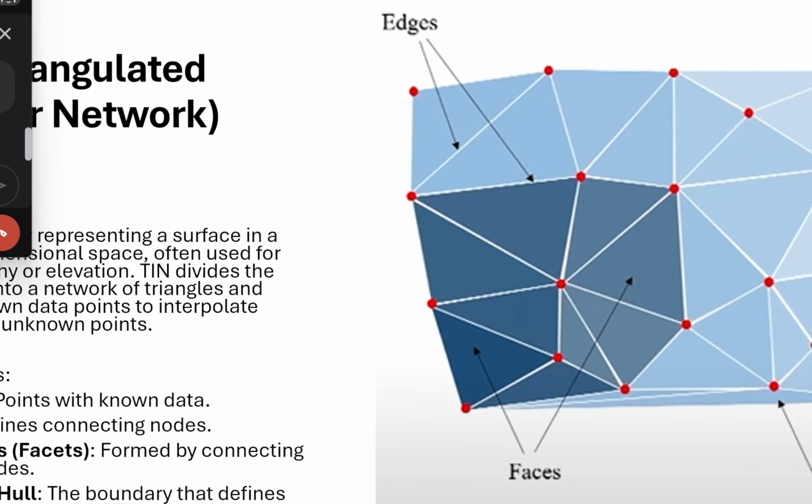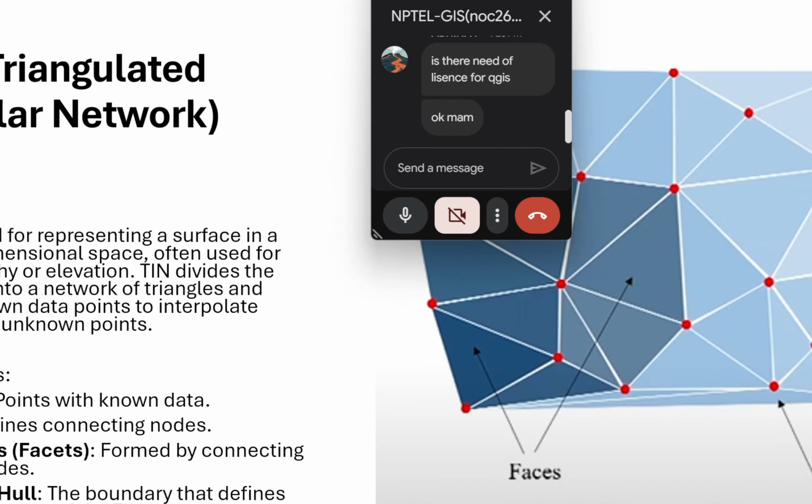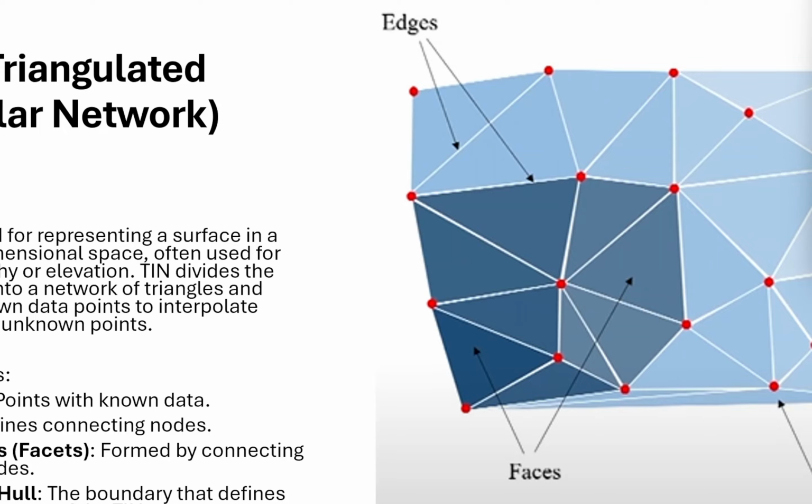Now there is another data type, which is the triangulated irregular network. Suppose you want to show a 3D feature like a surface, topography or elevation, then this type of dataset is used. This is called a triangulated irregular network.